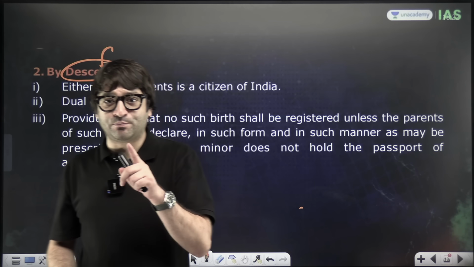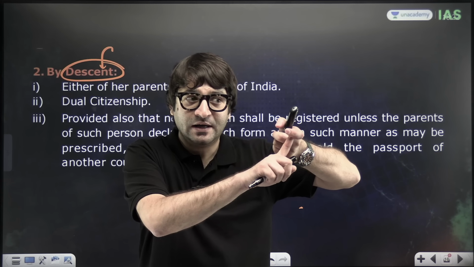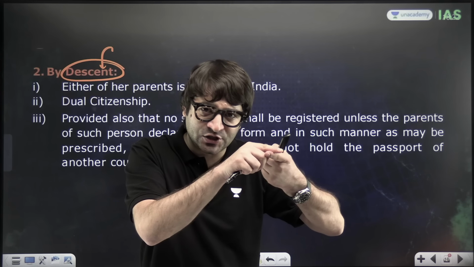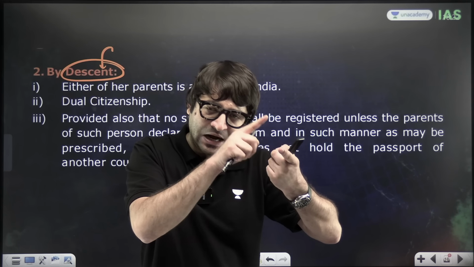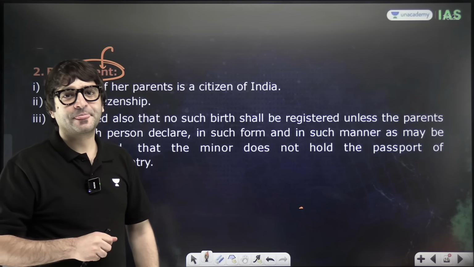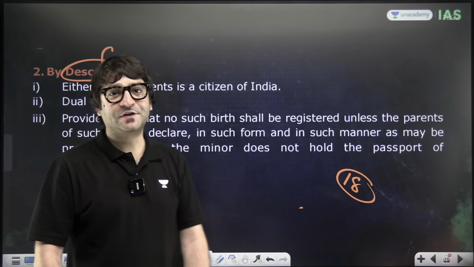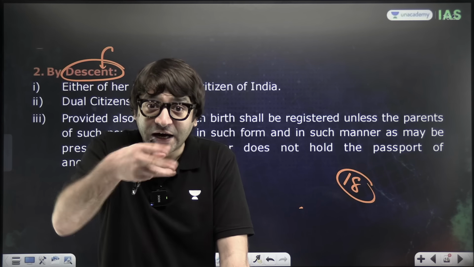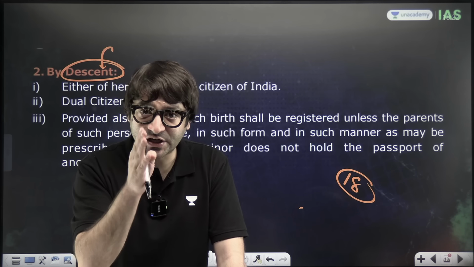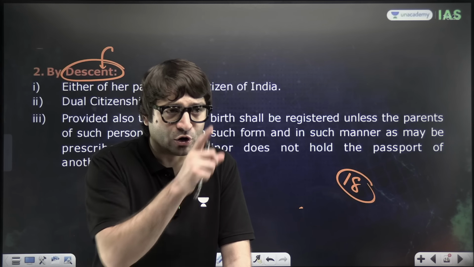That means this child born to an Indian parent or parents outside India, for example in United States, where they follow dual citizenship, will have dual citizenship of US as well as Indian. But only till this child attains the age of 18. After that, this child, who has now become an adult, has 6 months to decide whether to retain Indian citizenship or US citizenship. But in no circumstances can this child have two passports. The passport has to be Indian.